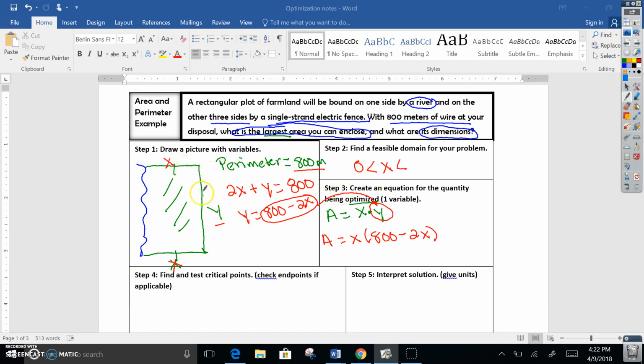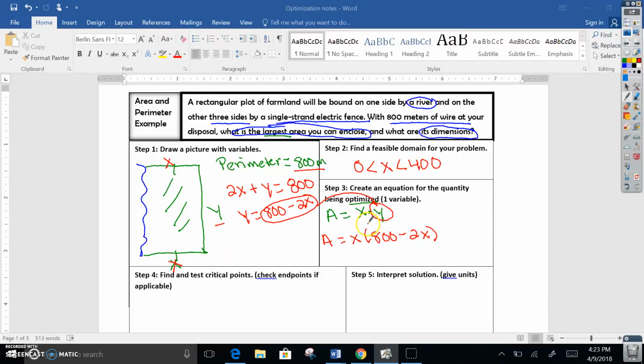The other thing I could do is stretch this out until basically y disappears. I have 800 meters to work with, so I divide that by the two sides. If I stretch out this rectangle, the y gets smaller and smaller until it disappears, and I end up with two lines of fence side by side. That would, of course, be 400 to total 800. So my answer is going to be somewhere between 0 and 400.